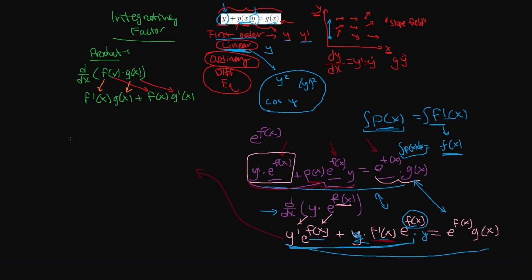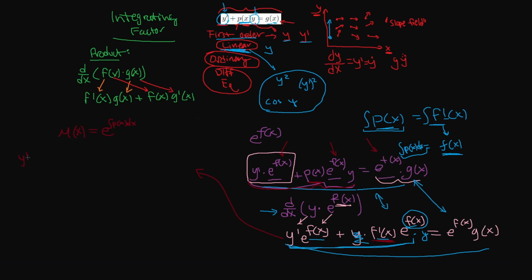So to make our life easier, so I don't have to write e to the power of something a million times, let's say this new function mu, and this is what we use in class as well. So let's say mu of x is equal to e to the power of this f of x. So it's e to the antiderivative of p of x dx. So this is our sort of shortcut here. And let's write our equation one more time.